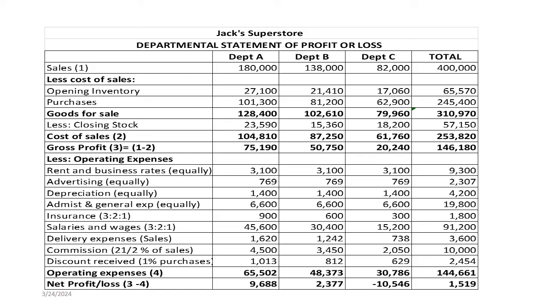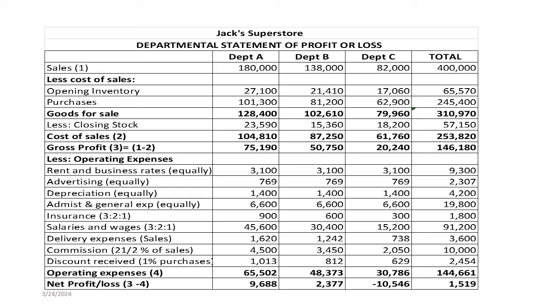So you divide by 3, and each department will have 3,100. Advertising also equally, it is 2,307. If you divide equally, you get 769. Depreciation equally, it is 4,200. Divided equally, it's 1,400 for each. Administrative and general expenses equally, it is 19,800. If you divide equally, it's 6,600.